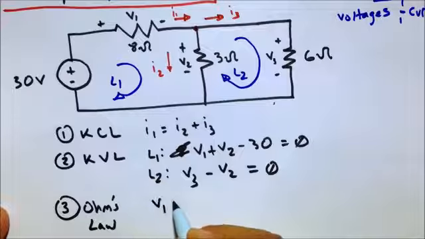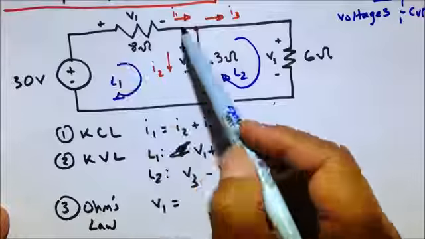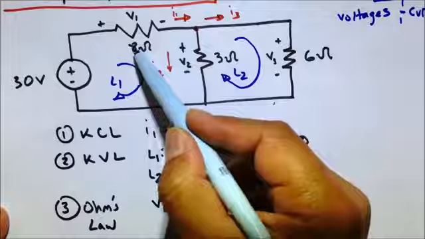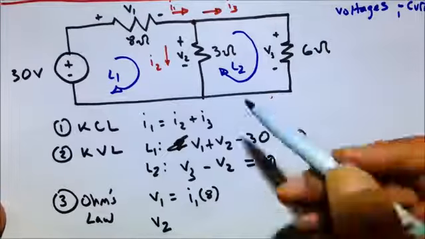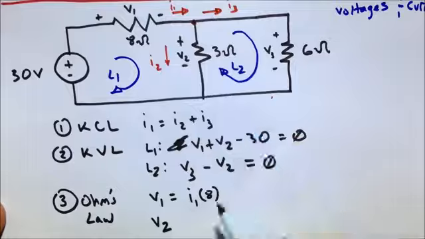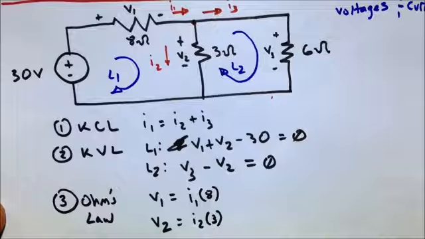So V1 equals the current going through here, which we defined as I1, times that resistance, which is 8. And then we know V2, which is that voltage down there, equals I, which we defined as I2, times this resistance, which is 3 ohms.